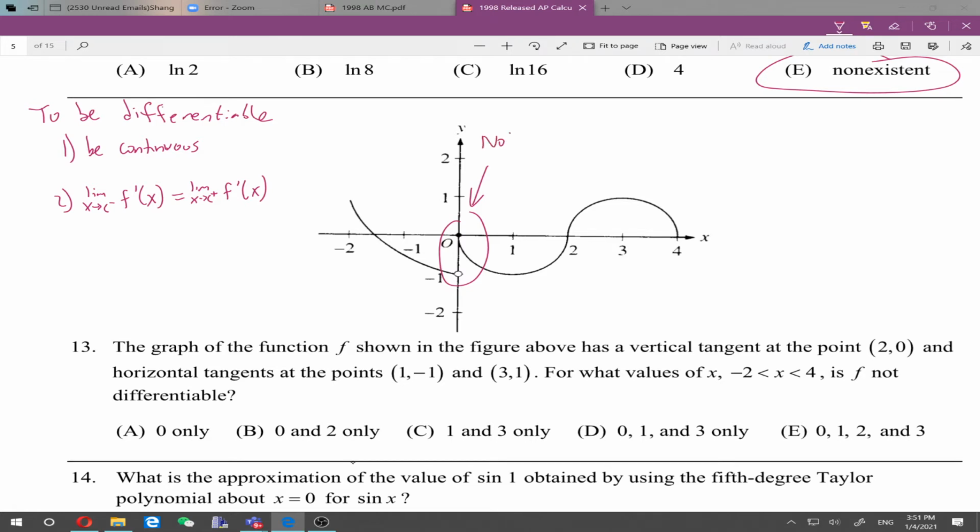But we've got one more place where our second condition is not true.